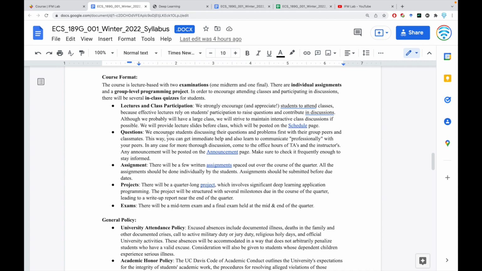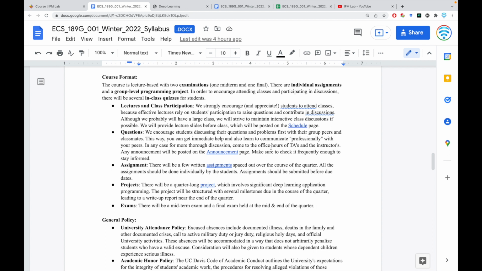Questions. We encourage the students to discuss their questions and problems first with their group of peers. But because of the pandemic, I'd like to recommend you to form some study groups by yourselves, and you can meet regularly via Zoom instead. Do not discuss in person, it will be more risky. Via Zoom, it will be easier for you.